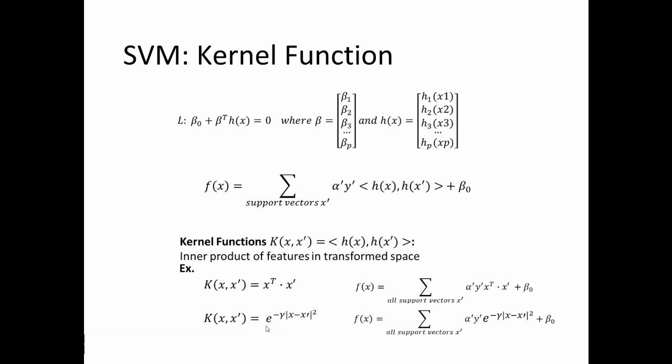For example, in this case, we specify the kernel function as an exponential function, something like this. And then we can just substitute this kernel function back into this, and then we get the decision boundary in this form. So this is called a Gaussian kernel, and is actually very widely used.